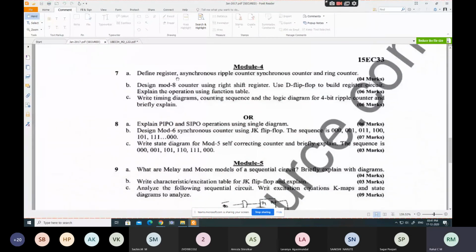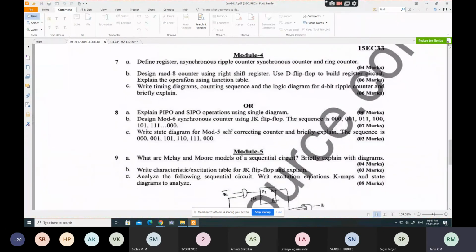Define register, asynchronous ripple counter, using ring counter. Asynchronous ripple counter, synchronous counter and ring counter. Okay, you are asking to define. Next we have design a mod 8 counter using a right shift register. Mod 8 is not there in your syllabus.